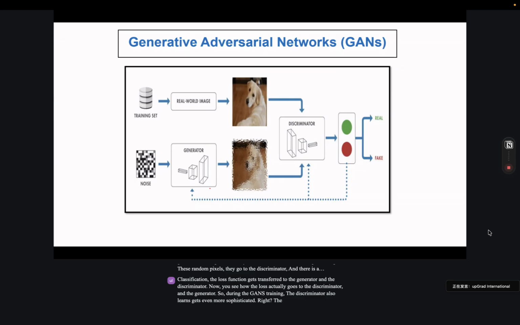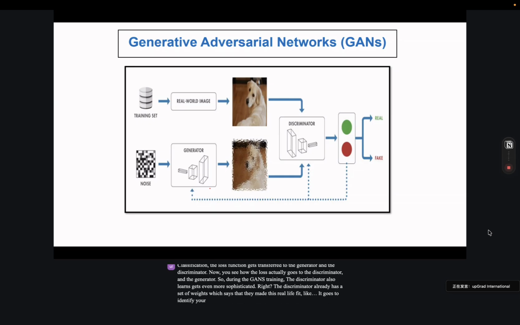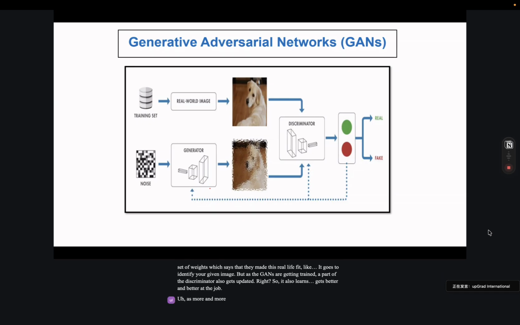The discriminator already has a set of weights which says that the image is real or fake, like it knows to identify a given image. But as the GANs are getting trained, a part of the discriminator also gets updated, so it gets better and better at the job as more and more variations of a given single image come out of the generator.